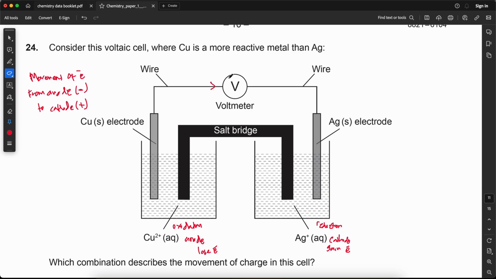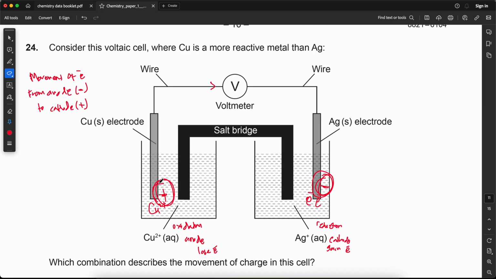Cu2+ will be produced a lot here because it loses electron, and the electron is flowing from anode to cathode, so there will be a lot of electrons right here. So it's 2 negative and this one will be 2 positive because Cu2+ is released here. So the concentration of Cu2+ increases in the solution as it loses electron and electron flows from anode to cathode.